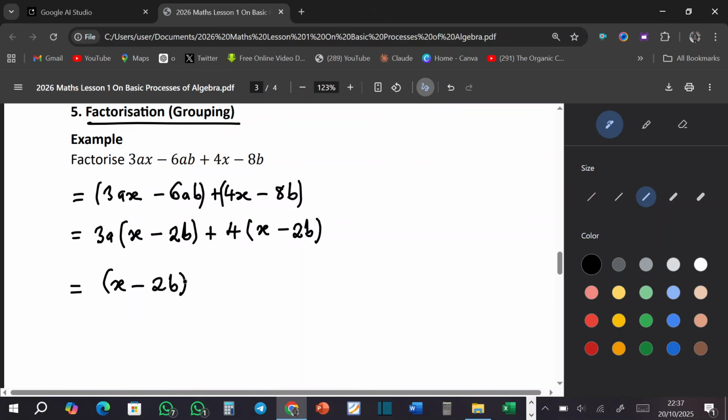So what are you remaining with on this part? You are remaining with 3a. So you also open another bracket.